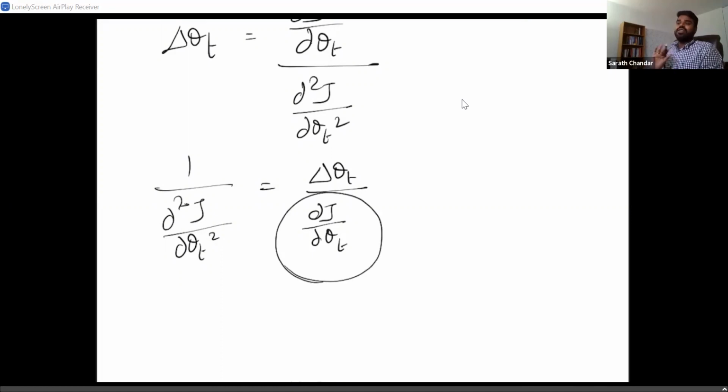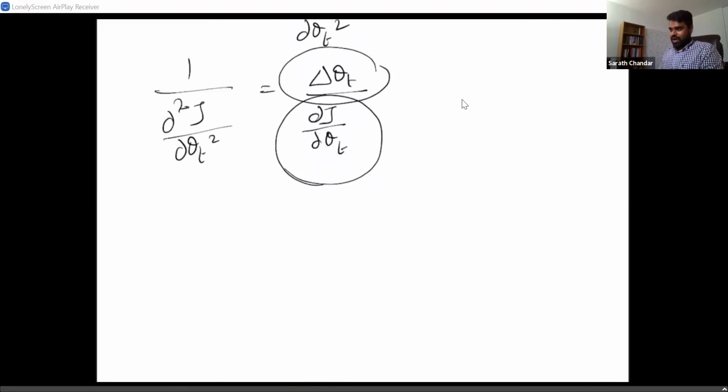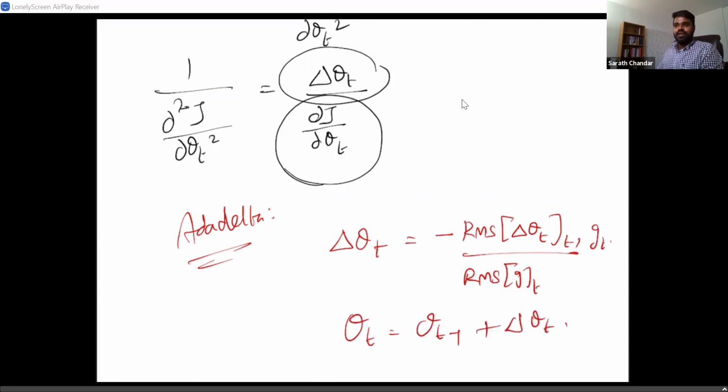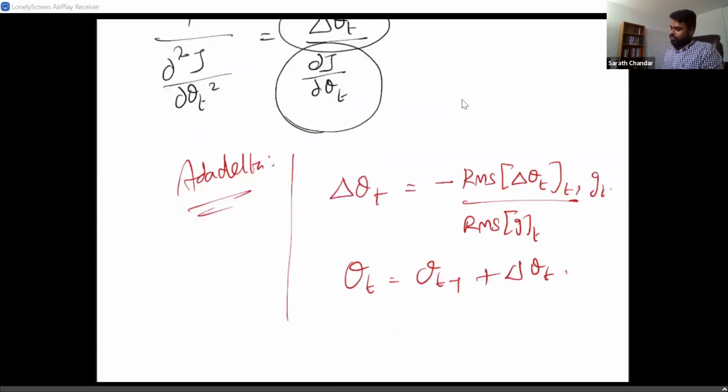All AdaDelta is doing is adding a root mean square for this term in the numerator. So the AdaDelta update is del theta equal to minus RMS of this term divided by RMS of gt, and theta t is equal to theta t minus 1 plus del theta.